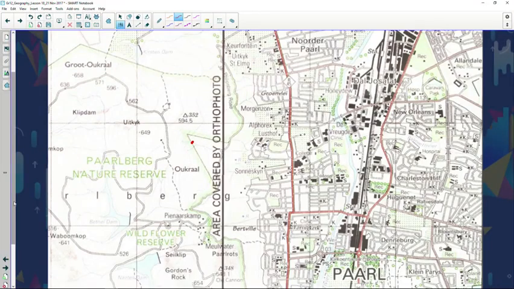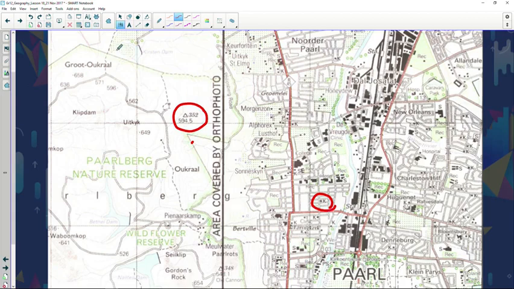Now let's just quickly have a look at our first. Let's say, for instance, the question paper asks you, calculate the distance from Trig beacon 352 all the way to the church over there. Now obviously, what map are we using?